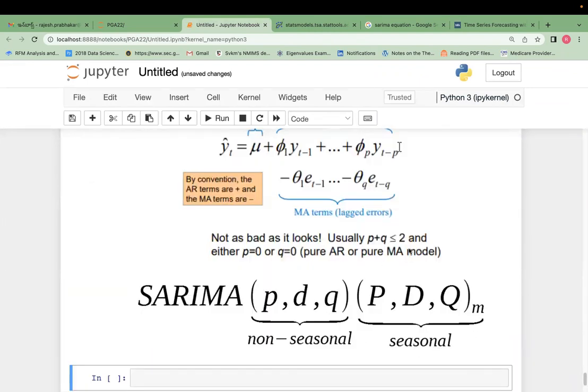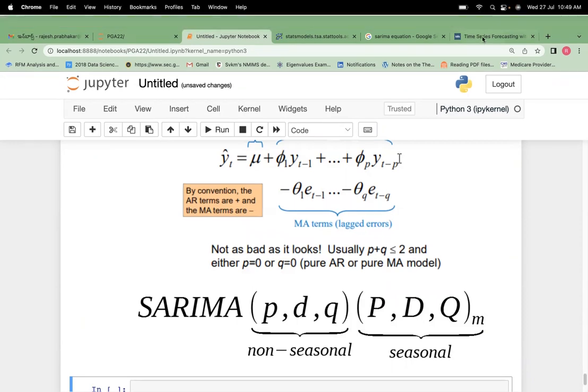SARIMA is also there, with two equations: non-seasonal parameters, seasonal parameters, and the frequency. M is the frequency.